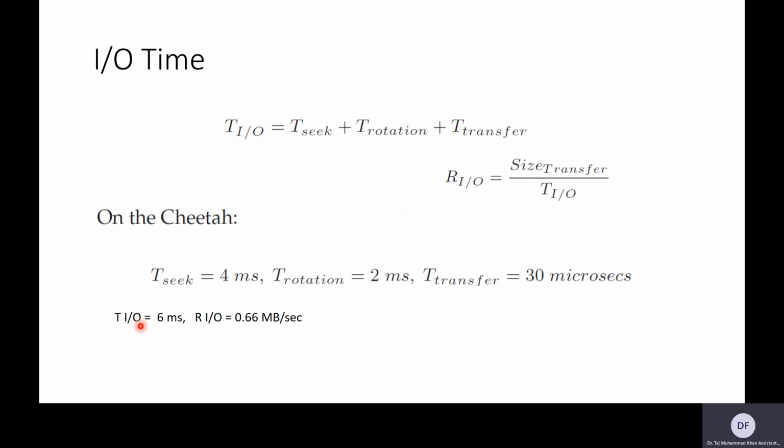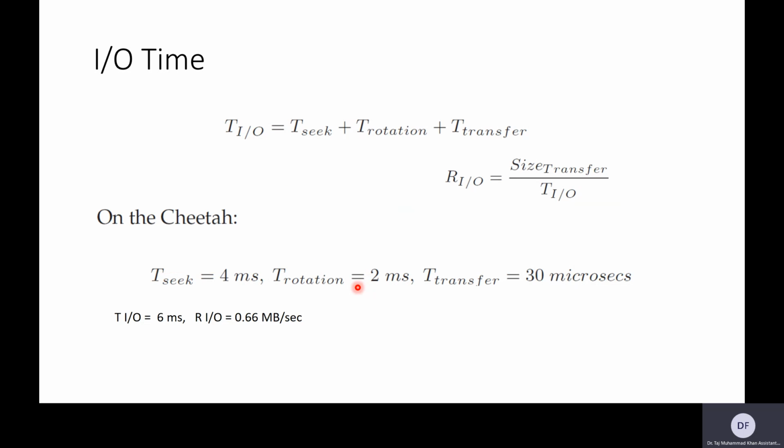So the total I/O time is approximately 6 milliseconds, and as you can see, for small I/Os the I/O time is totally dominated by these mechanical delays, the seek time and the rotation time. The actual transfer time is negligible, 30 microseconds compared to 6 milliseconds. So on small I/Os, the thing to note is that I/O time is totally dominated by the mechanical movements of seek and rotation.